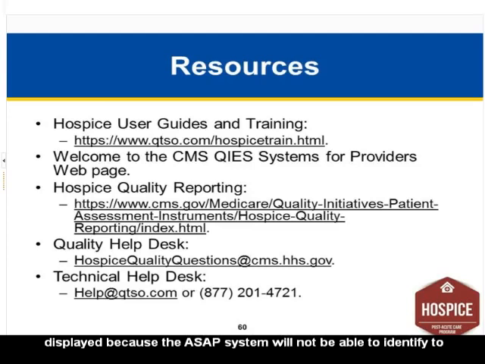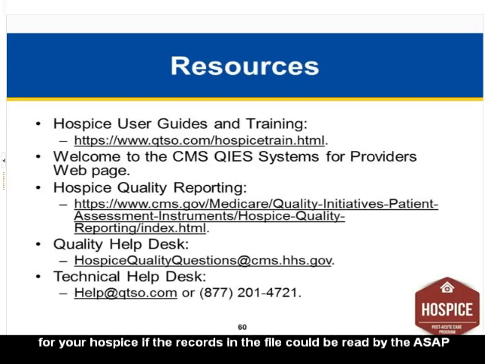There are a couple of tips I'd like you to remember about the submitter final validation report and the ASAP system final validation report. A benefit to the ASAP system-generated report is that it is automatically created for your hospice if the records in the file could be read by the ASAP system.